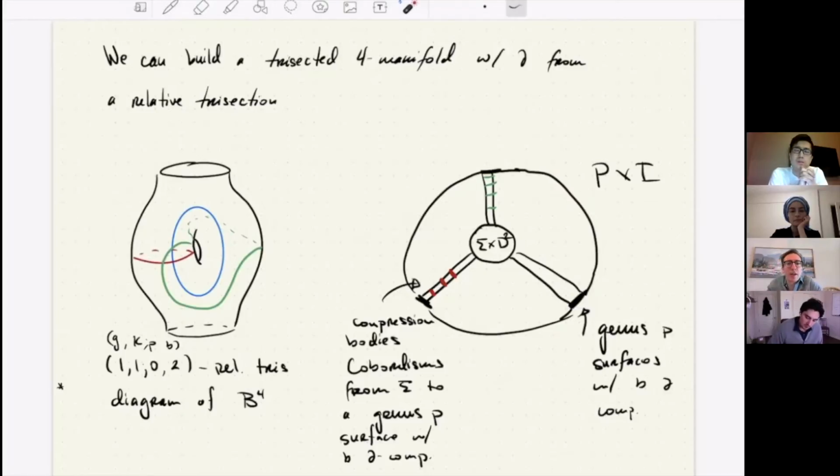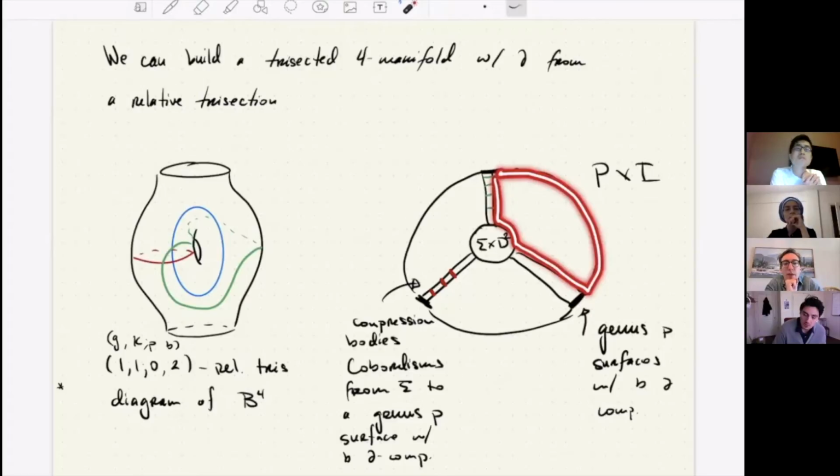Okay, can I ask one more question? Yeah, go ahead. So here you're gluing in this P cross I. How are you identifying these surfaces? That's a great question. It turns out that there's a unique way to glue this in so that this boundary is a bunch of copies of S1 cross S2s.